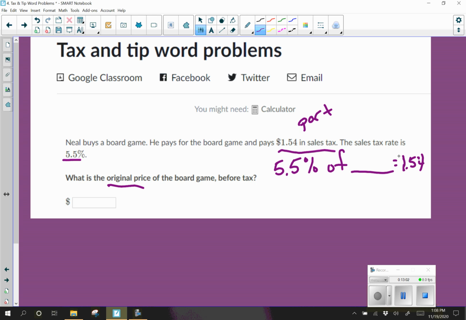Okay, so let's convert 5.5% to a decimal. If I scoot 2 places to the left, that's going to leave me with 0.055. We're going to use x as our whole, so 0.055 times x is going to give us 0.055x equals 1.54.